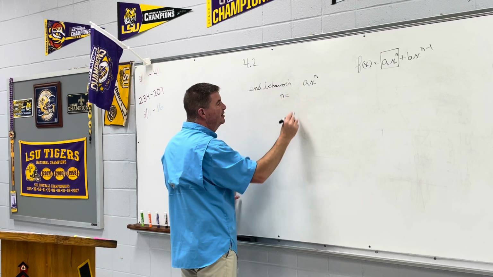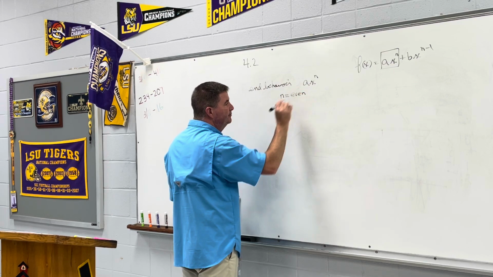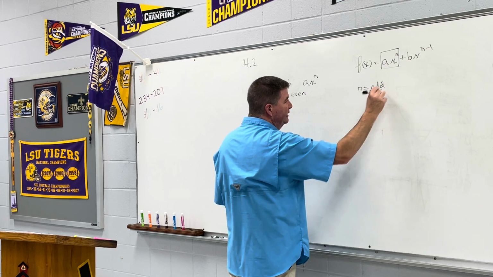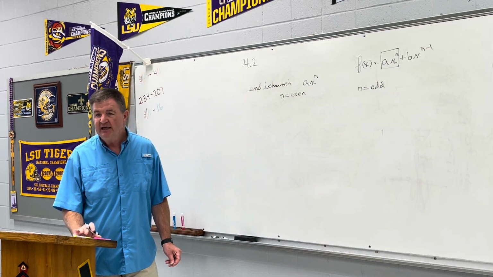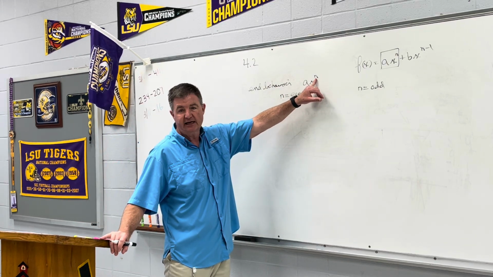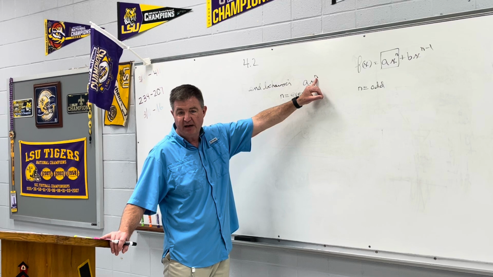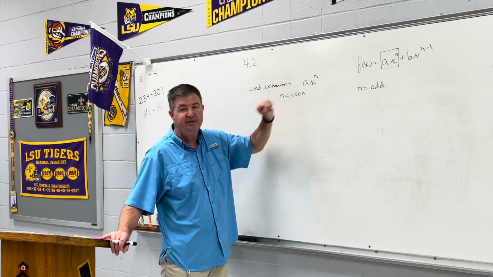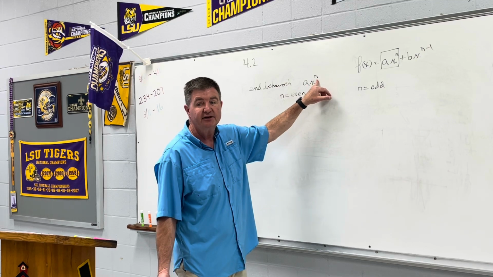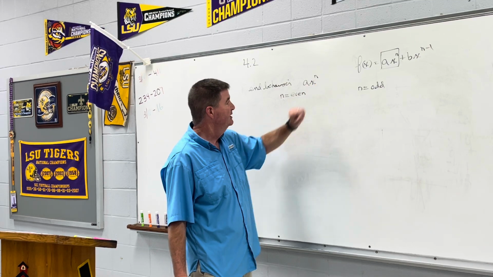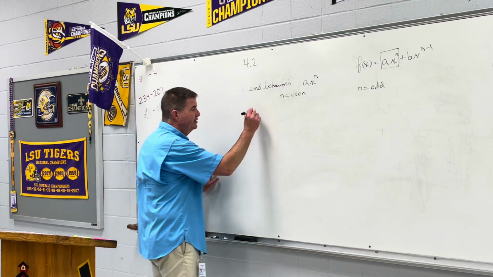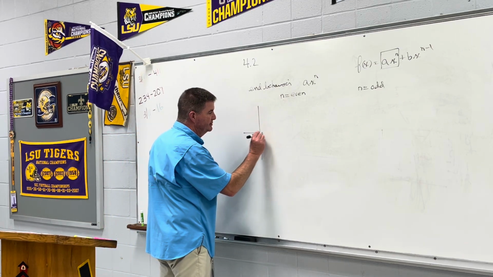N is going to be either an even number or an odd number. Even meaning like x to the second power, x to the sixth power, x to the 10th power. Odd would be like x to the third power, x to the first power. If n is even, we could have one of two scenarios.